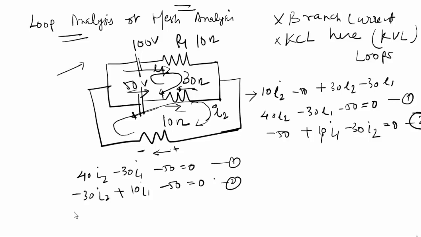Now from this equation it's possible to write I1 easily in terms of I2. So 10 I1 is equal to 50 plus 30 I2. Simplifying it, you get I1 equal to 5 plus 3 I2.